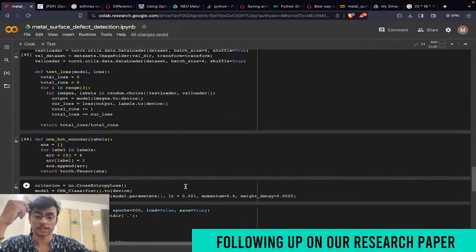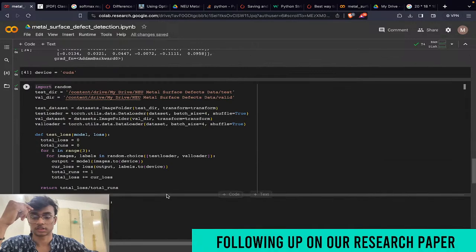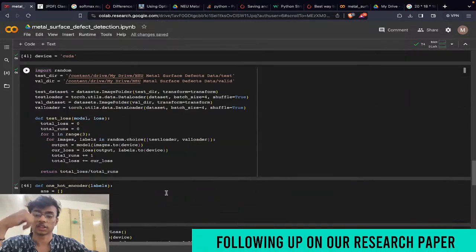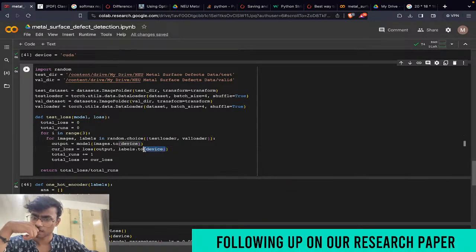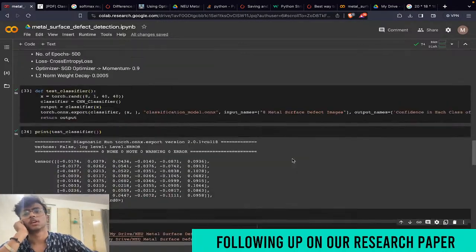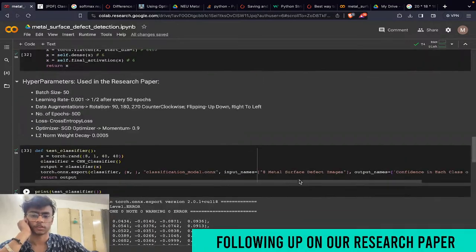Where have we set the batch sizes? I think rather than doing that, we can do it like this. No, but that would be great.